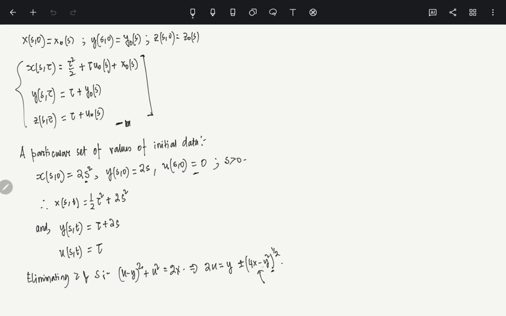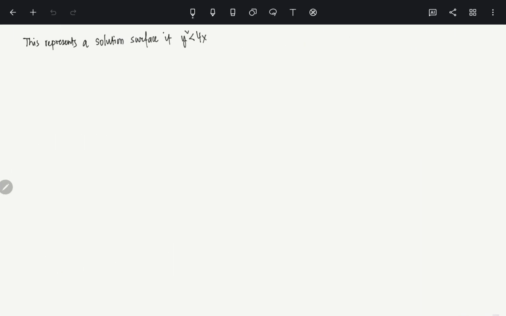So basically 4x minus y square is positive, then only it represents the solution surface. When y square is greater than 4x, the solution does not exist, and of course they are not differentiable at y square equals 4x.